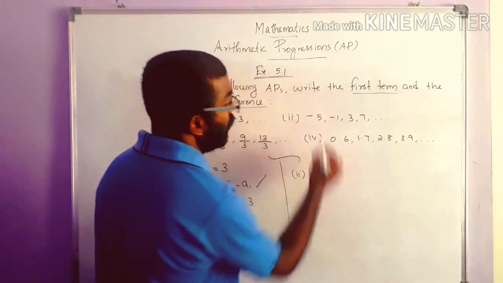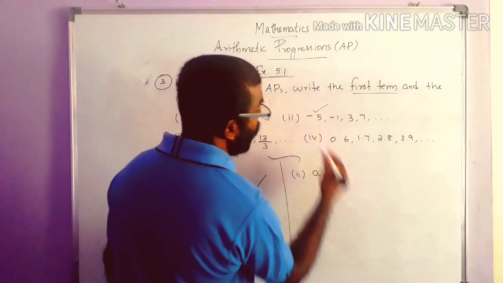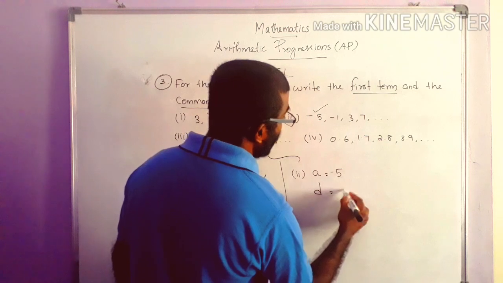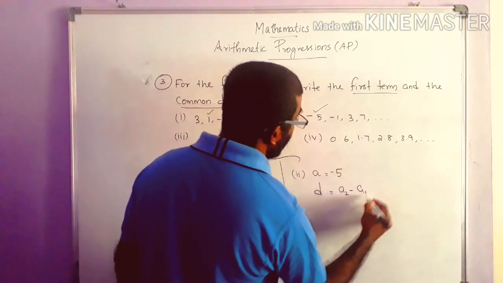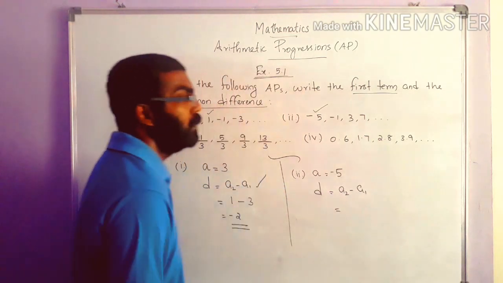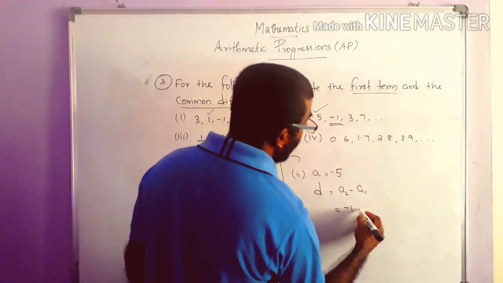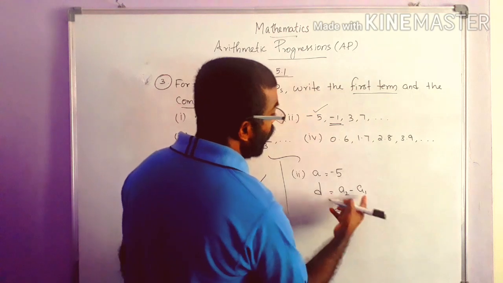Now the second one is first term A. Here A is minus 5. So A is equal to minus 5 and D, common difference, we use the same formula A2 minus A1, which will be equal to the second term A2 here, minus 1. So minus 1 minus A1.